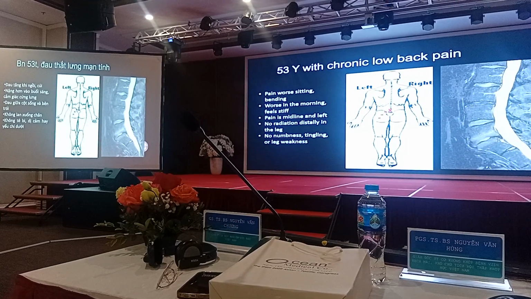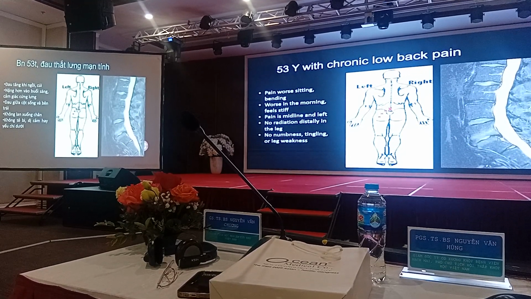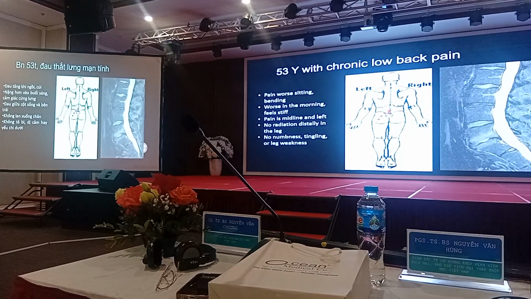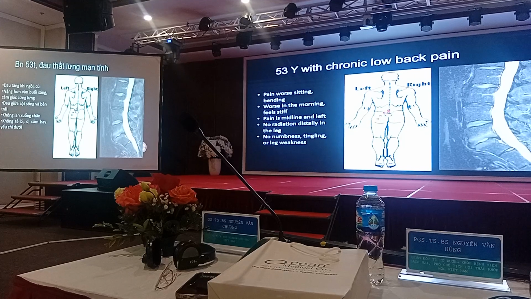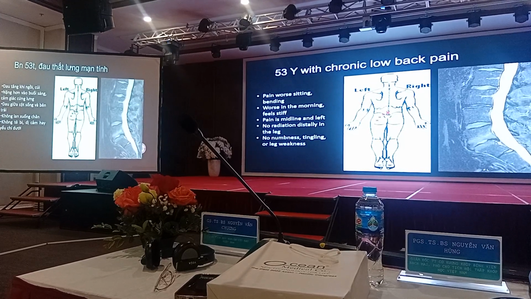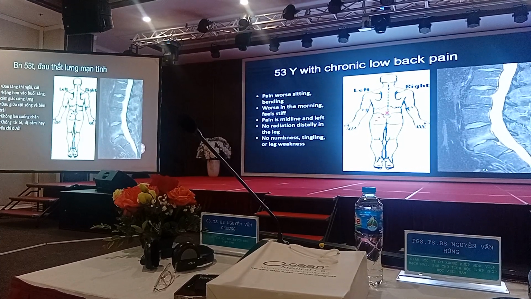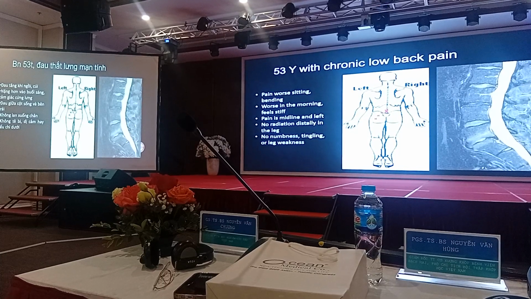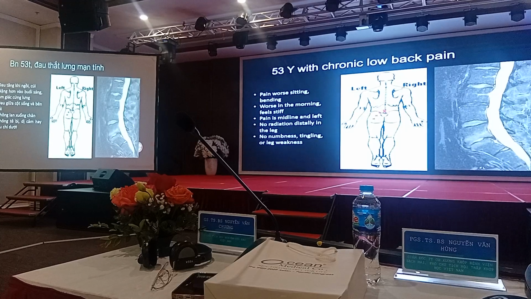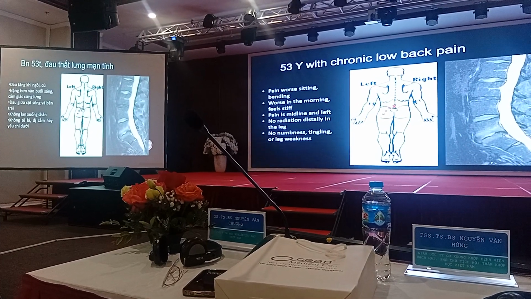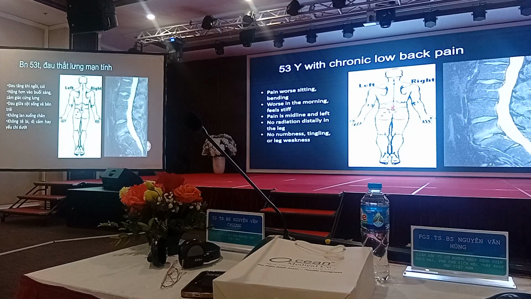Yesterday we talked about flexion loading those anterior column structures. The pain is worse in the morning. He feels stiff. The pain is midline predominantly, and then does refer to the left all the way into the buttock region. There's no radiation of pain distally in the leg, no numbness or tingling, no leg weakness. Again, findings are not consistent with radiculopathy.